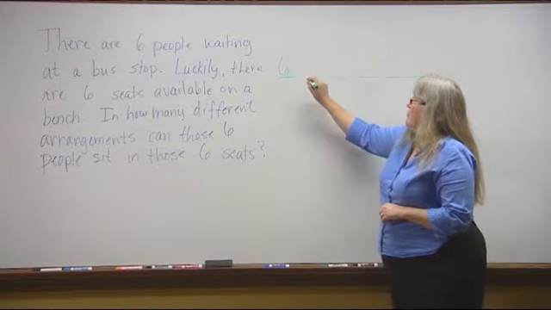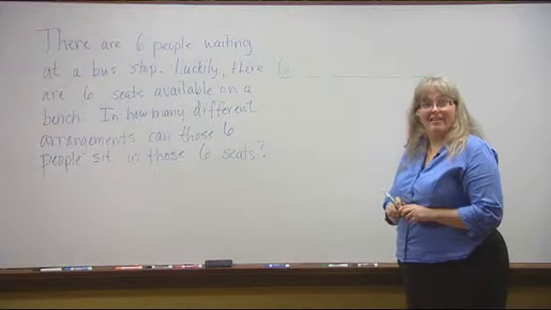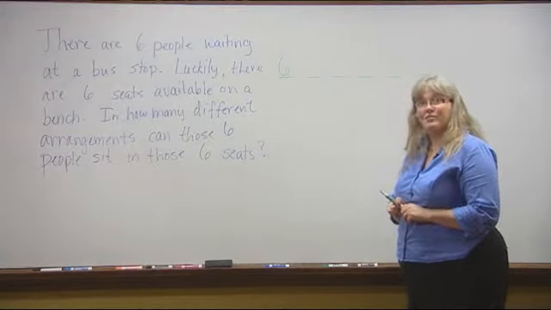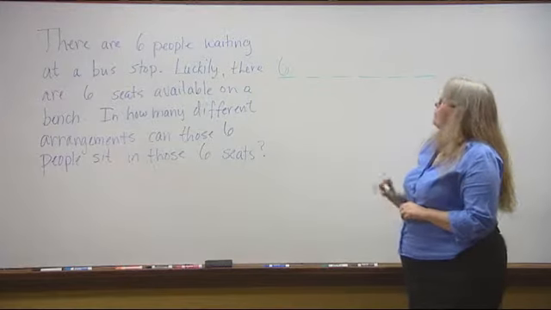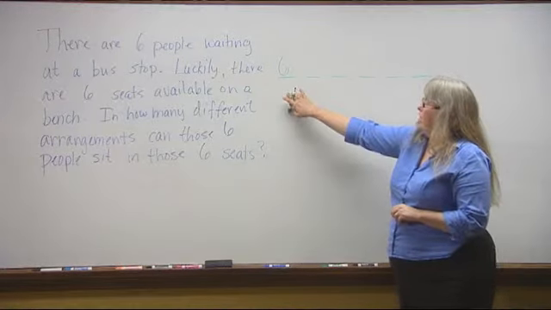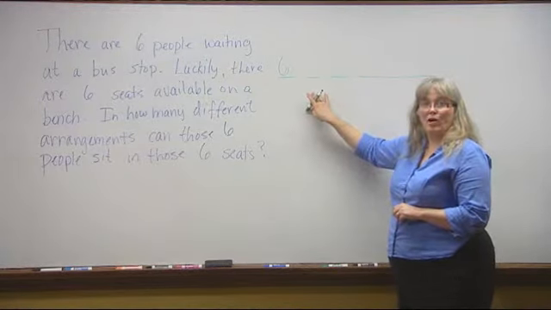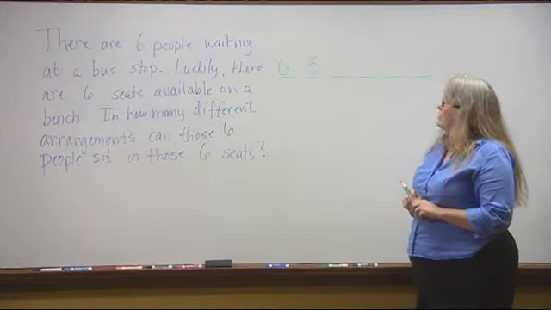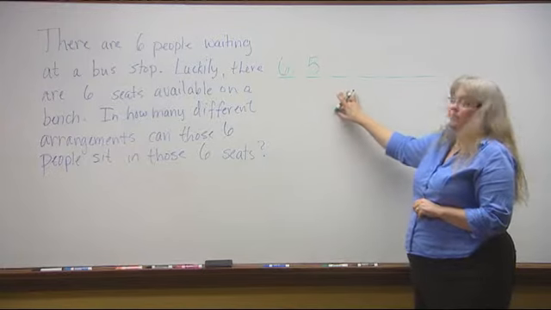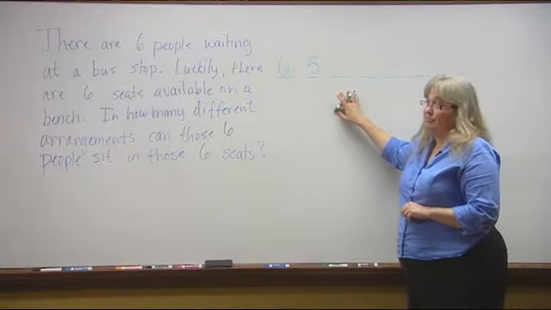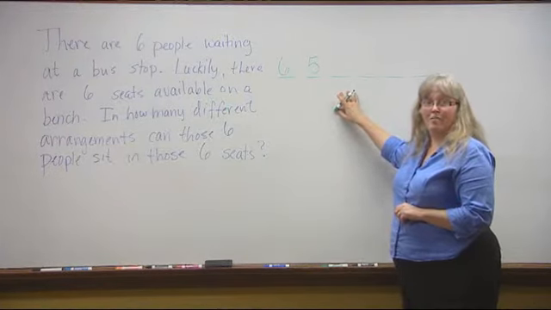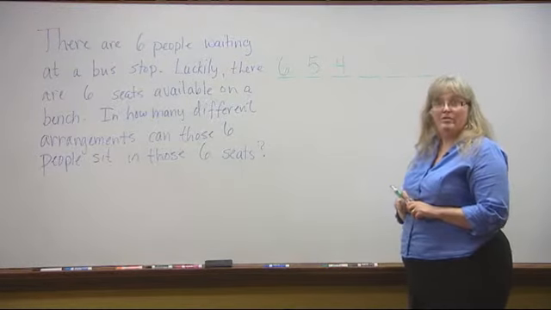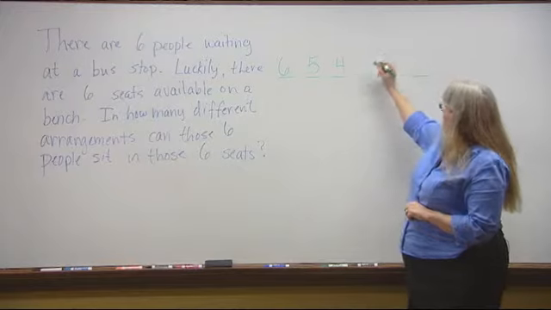Now, once we have someone in that seat, the next question is, how many people are left to sit in the second seat? Well, we've already used up 1. We had 6, so now we have 6 minus 1, or 5. So there are 5 people who can sit in that second seat. Go to the third seat. We've already got 2 people sitting. There's only 4 people left, so we have 4 choices of people to place in that seat.